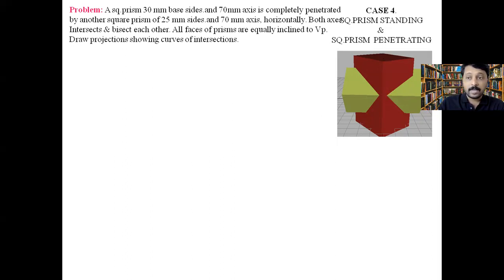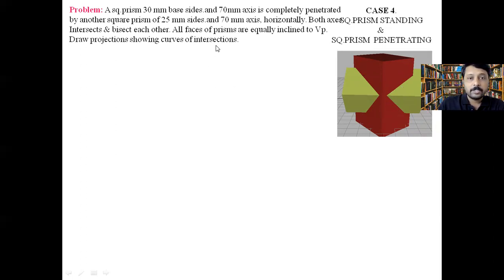In case you are asked to draw the penetration at a particular height, then you have to take the height from the horizontal plane. Say suppose they are saying penetration should happen at 15 mm above the horizontal plane. So rather than going with this center point, we have to draw this penetration from the 15 mm height.